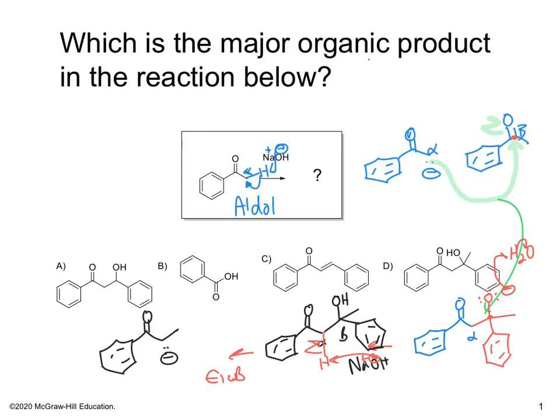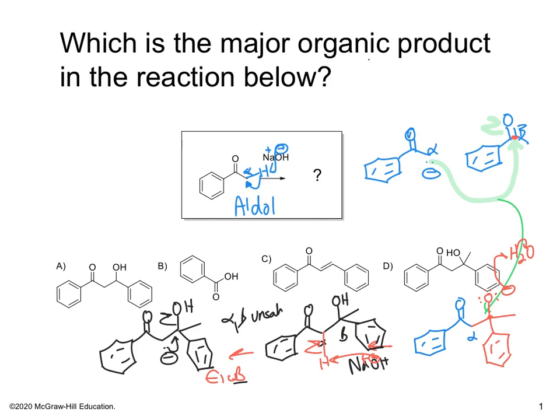this is the E1, which is unimolecular elimination, and then CB is the elimination of the OH to make the alpha beta unsaturated compound.